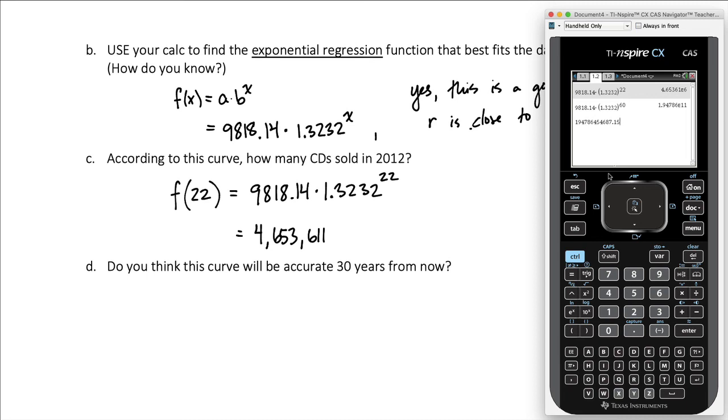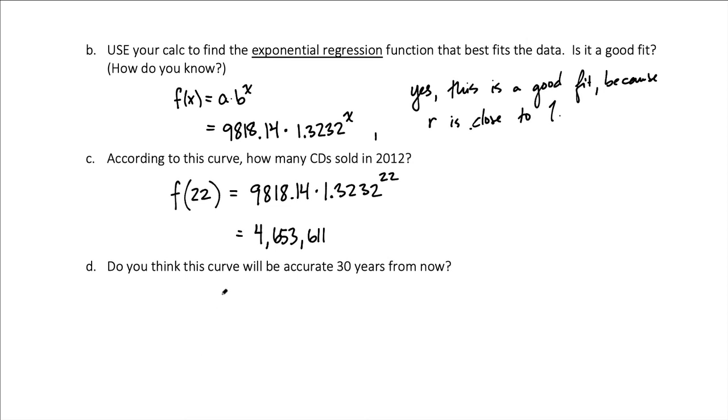Because that would be saying everyone on Earth is buying lots of Michael Jackson CDs. So this model is probably not going to be accurate unless something amazing happens and people go crazy about Michael Jackson in an unhealthy way in 30 years.